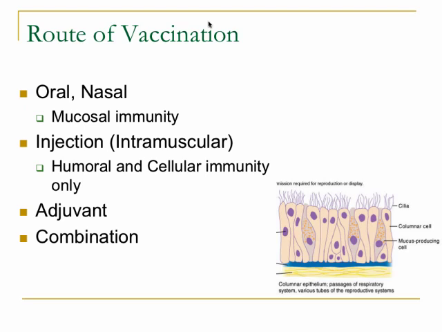And in the case of inactivated vaccines, especially when it's only part of the pathogen, often what you'll need is something to help it be better at eliciting an immune response. Those are additives that are combined with the actual antigen to make it more effective at eliciting an immune response. Those are called adjuvants.